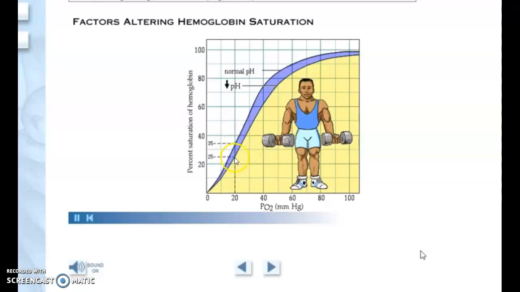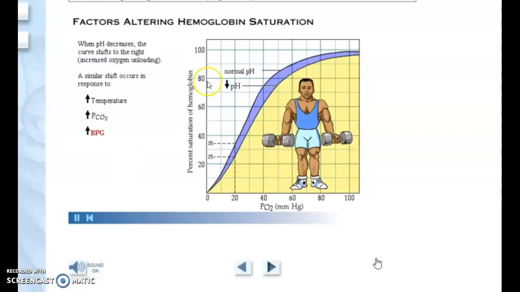So now if we bisect where that partial pressure and the curve is, because of this extra force that's shifting it to the right, instead of being 35% saturated, we had to give up even more oxygen, so now we're only 25% saturated. Okay, and so again, if our pH dropped because we're forming lactic acid, then we gave up more oxygen, and that also applies to these others.